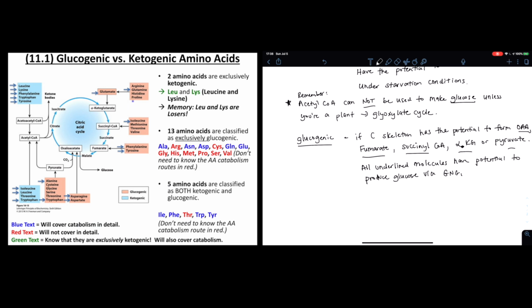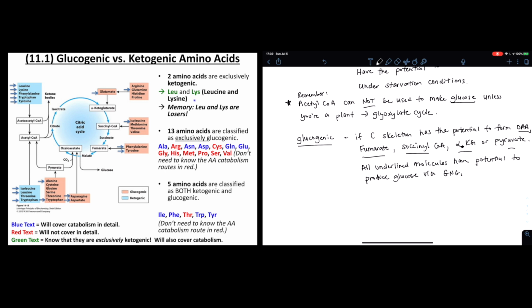So there are 2 amino acids that are exclusively ketogenic. If we look at our list over here, leucine and lysine, these are exclusively ketogenic, which means that they only go into this blue box over here, okay? They only have the potential to make acetyl-CoA, which goes on to make ketone bodies.